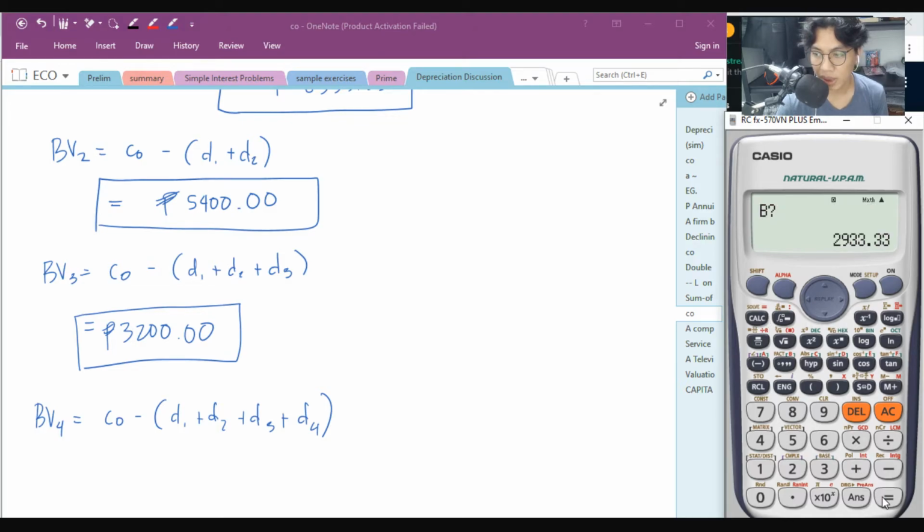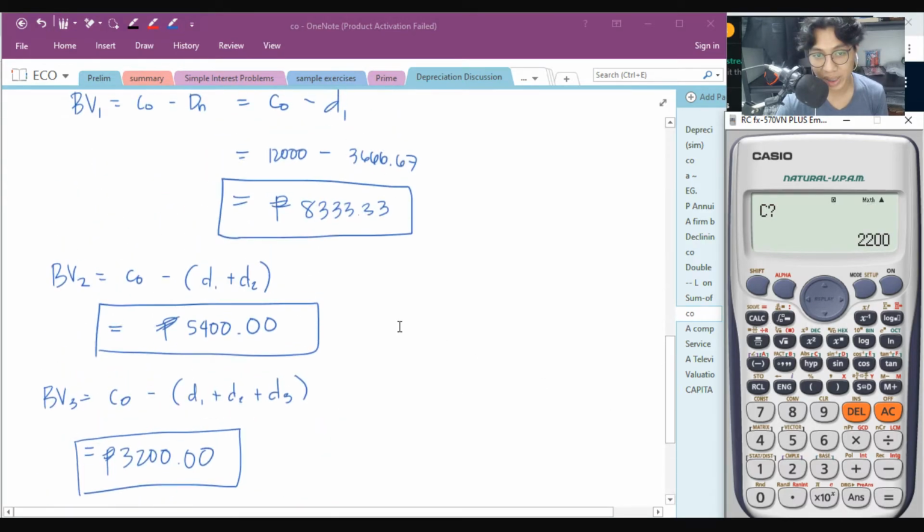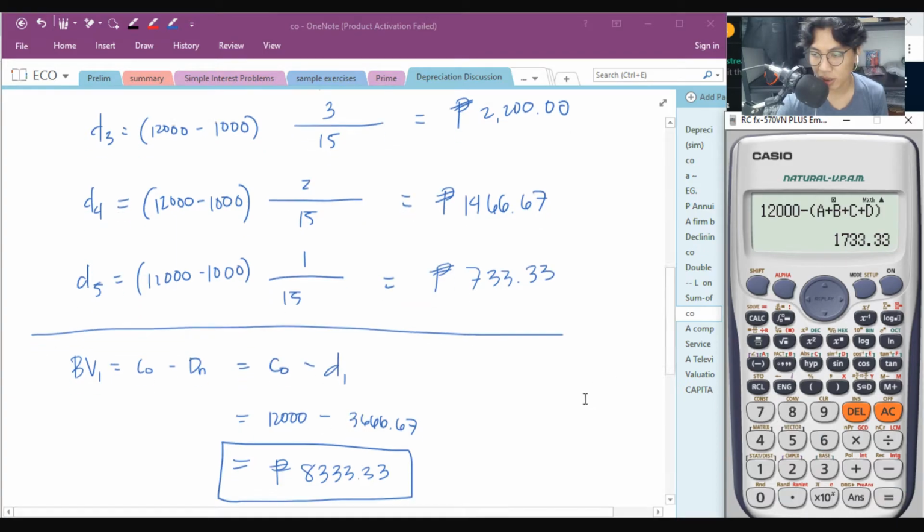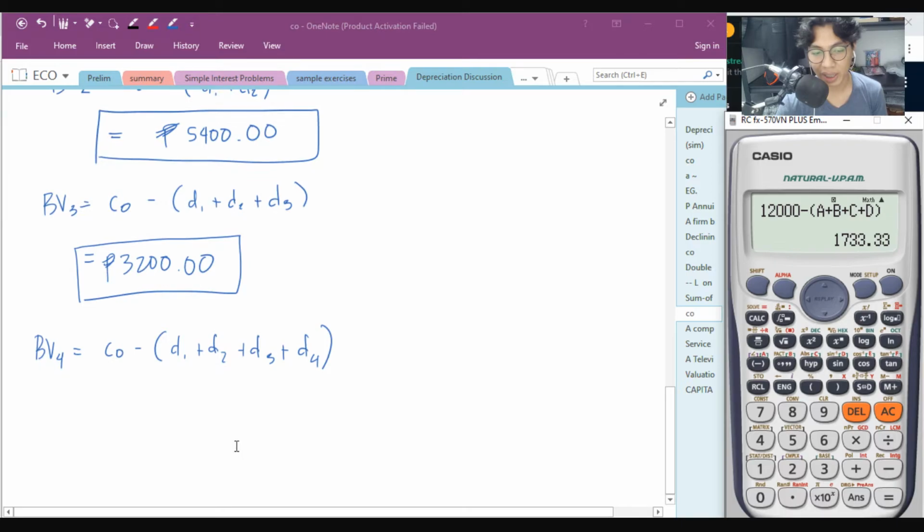A, B, C. The C is 1466.67, and the D is 1733.33.